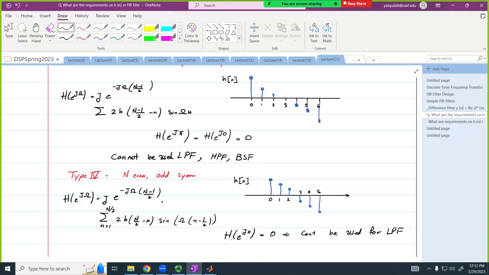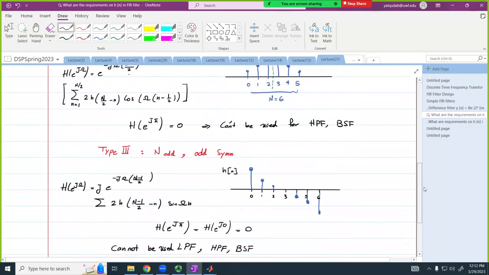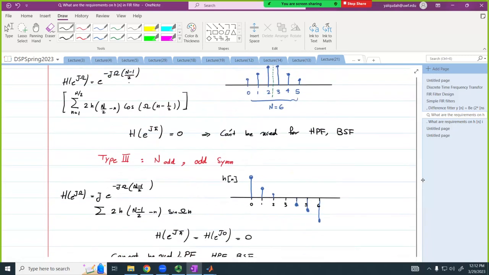Any questions? Okay, so apparently, as you can see, the type of the filter and the symmetry that it has will give us linear phase, but also will restrict what type of filter we can build with it.